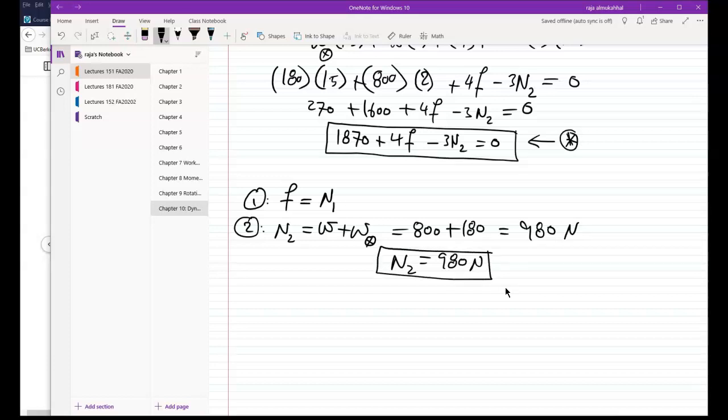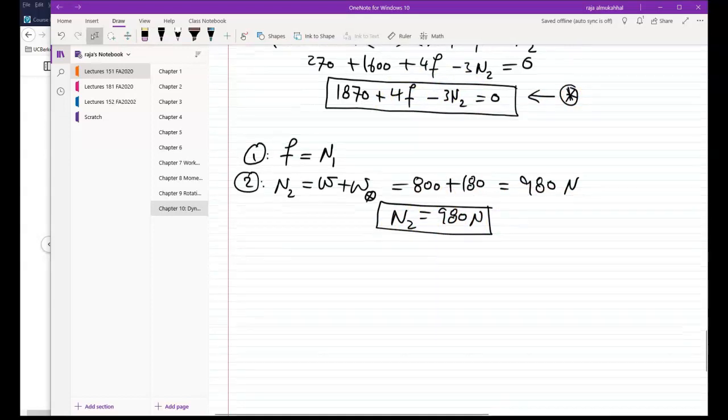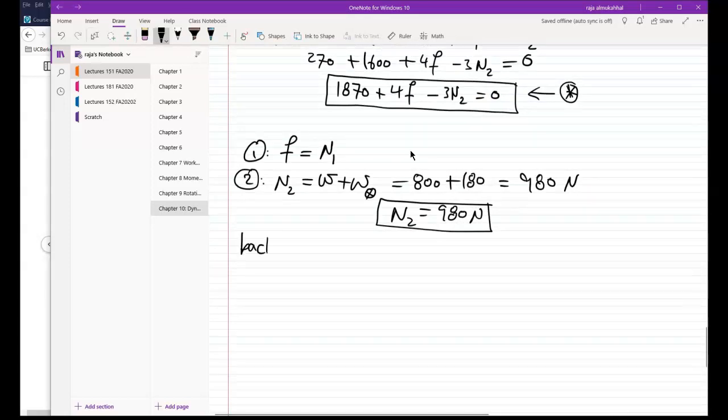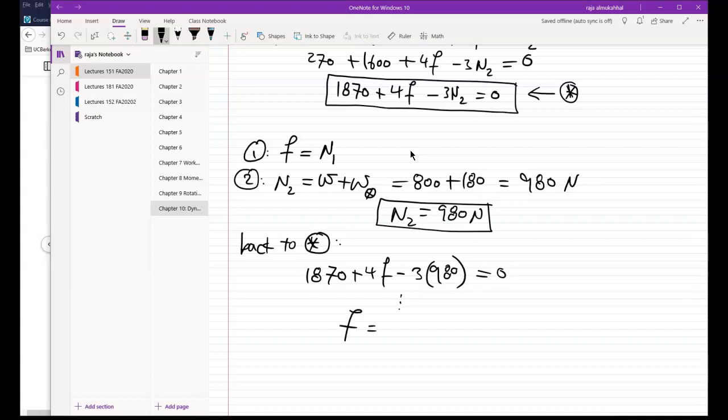And if I go back to star and plug in N2 here, I can find F. Isn't that nice? So back to star. I have 1870 plus 4F minus 3 times 980 equals 0. And then you can just work it out. F will be equal to 267.5 Newton. There we go.